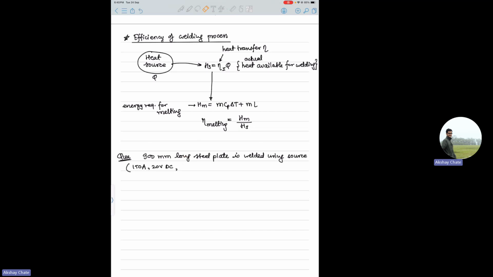I'll write the welding speed separately because they are just talking about the heat source here. They have given this information about the heat source.